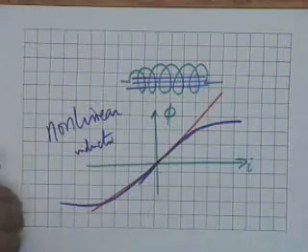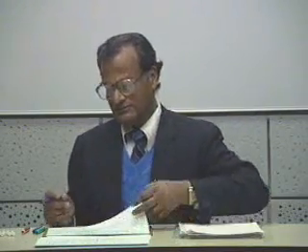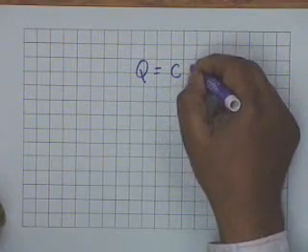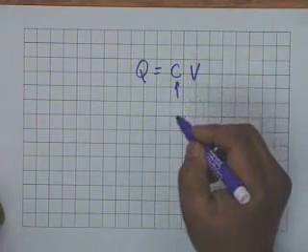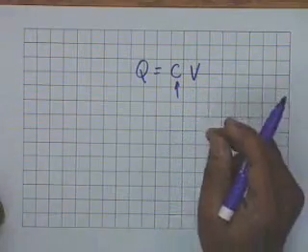Similarly, as you shall see later, you can make a semiconductor device in which the capacitance is proportional... Well, in a linear capacitor, the charge should be proportional to voltage. C should be a constant, independent of voltage.